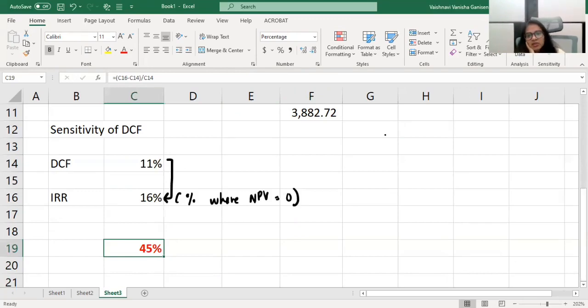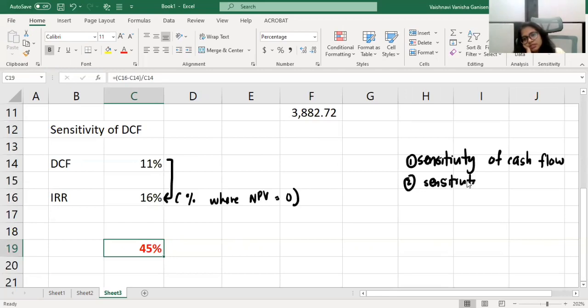So guys, remember I told you just now, there are three methods. Number one, sensitivity of cash flow. Number two, sensitivity of sales volume.